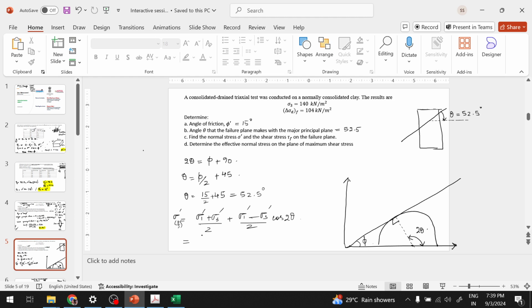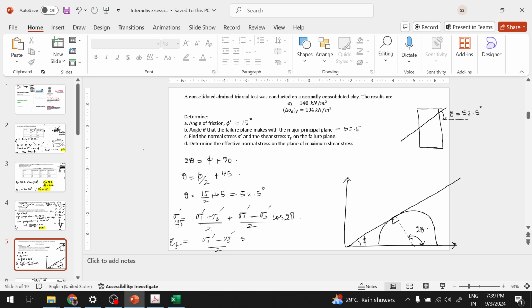And tau f will be sigma 1 dash minus sigma 3 dash over 2 sine 2 theta.